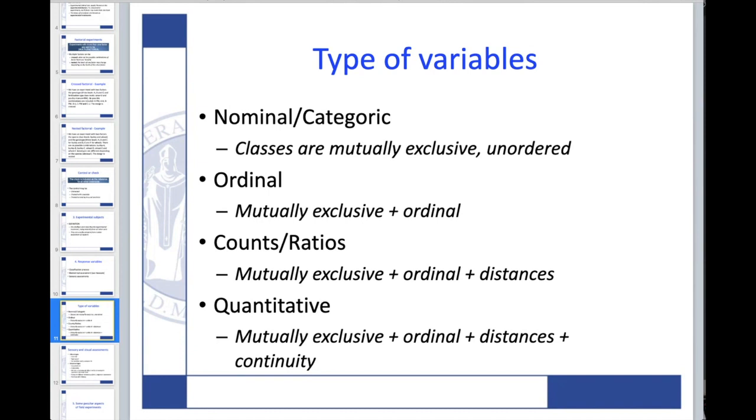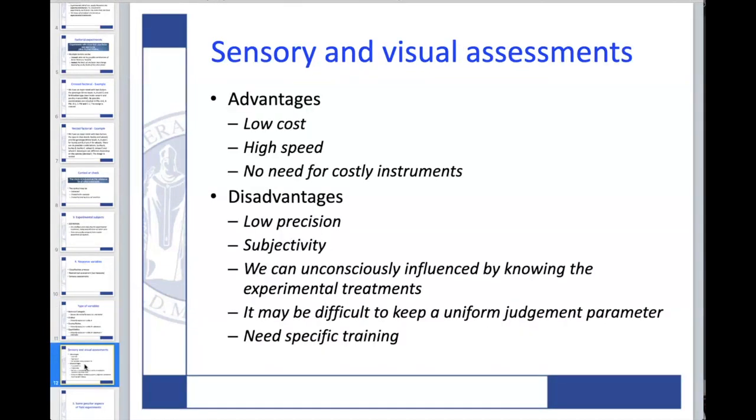So just a few words about sensory and visual assessment, which are very common. They have advantages and disadvantages. When I began doing this work, I was rather skeptical about sensory and visual assessment because I was thinking, how can we be precise if we evaluate our subject simply by visual assessments?